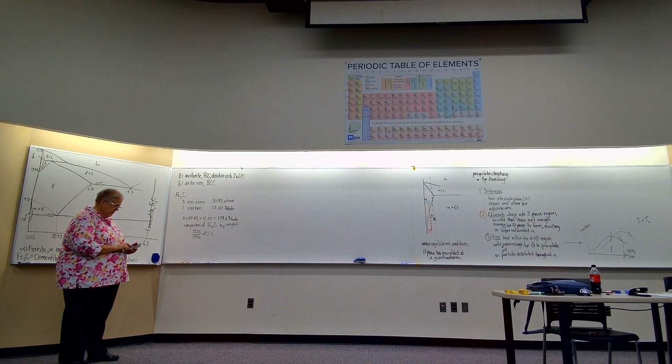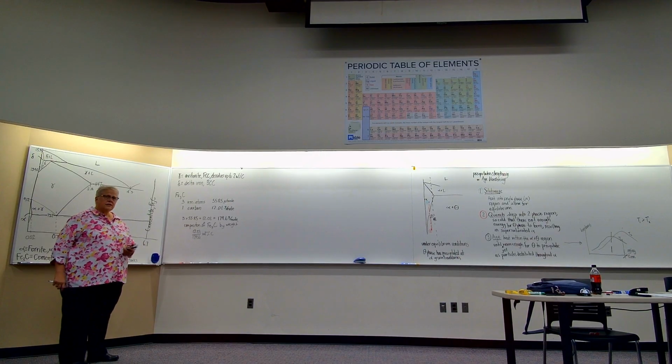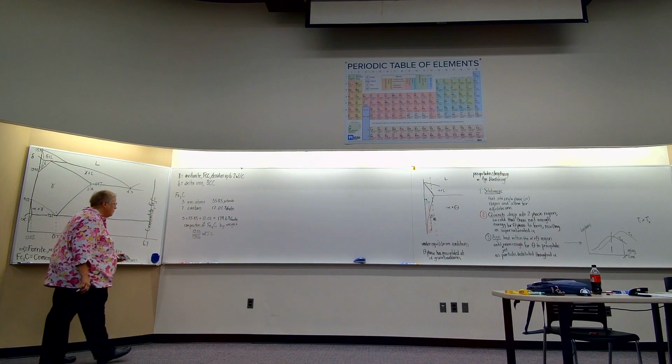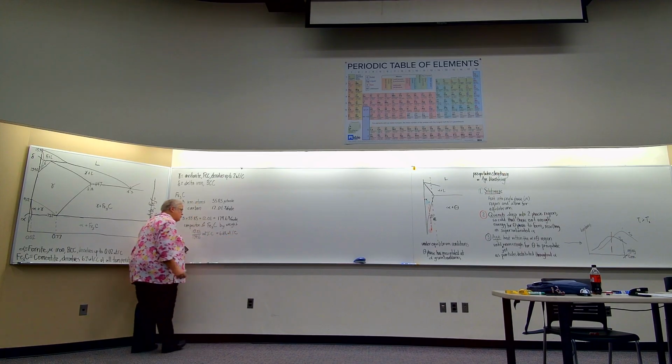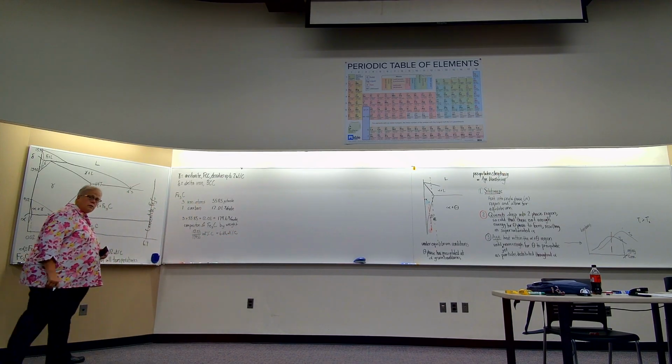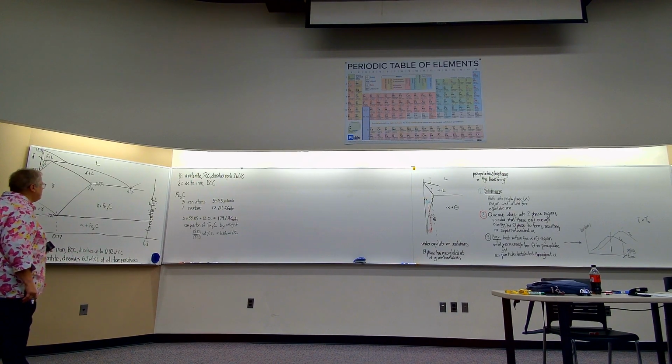Which hopefully still is 6.7. Yep, 6.68 weight percent carbon. So that's where that 6.7 comes from. Doesn't matter what temperature it is, it's just a compound. It has the same composition at all temperatures.